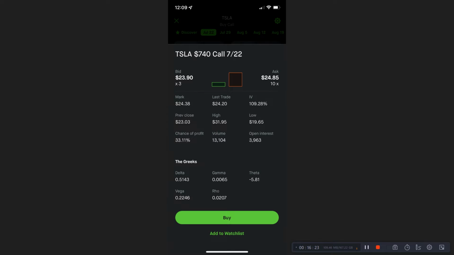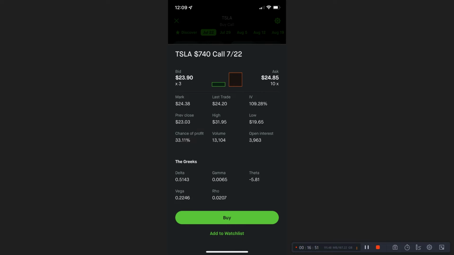I recommend never buying a contract that has an IV higher than 100%. The lower the implied volatility, the better. Implied volatility is a factor in how much a contract is worth. If you're paying a lot of money for a contract and the IV is really, really high, that's going to tell you that, hey, you're overpaying for the contract.